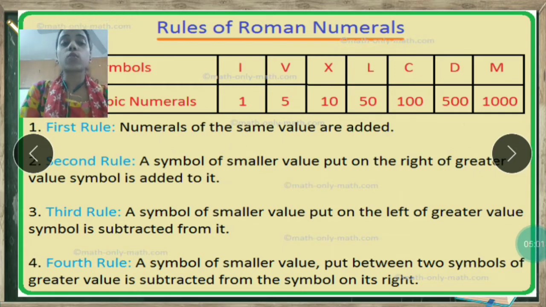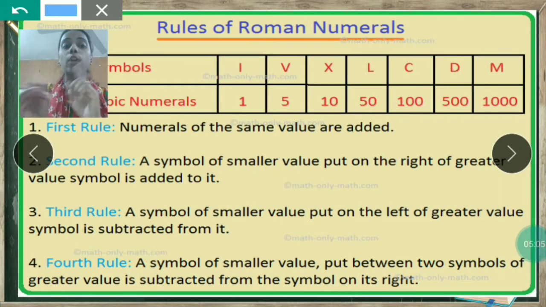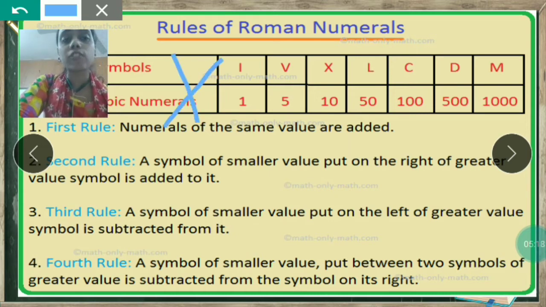The fourth rule is, student, that a symbol of smaller value put between two symbols of greater value, then we will subtract the smaller value. As for example, if I am writing the number 14, then I will write XIV, isn't it?